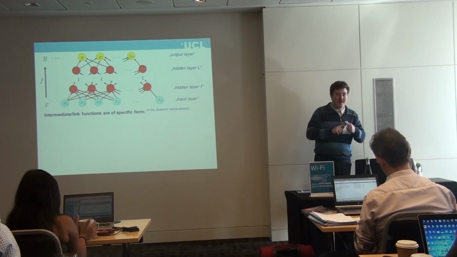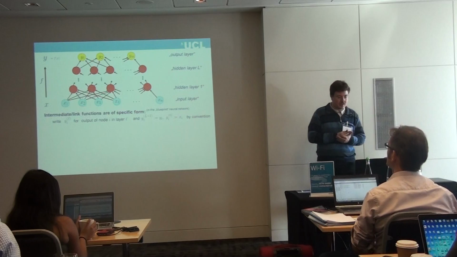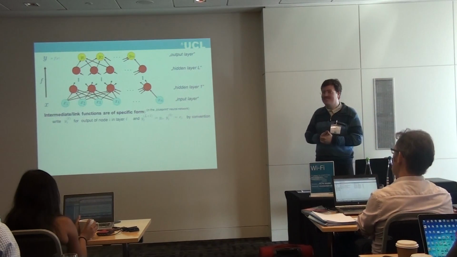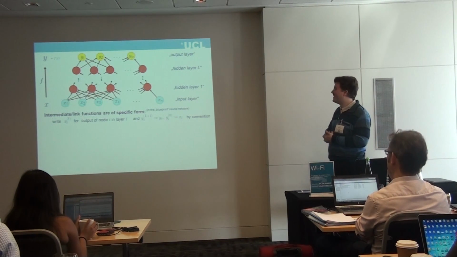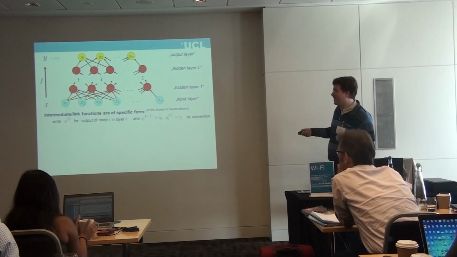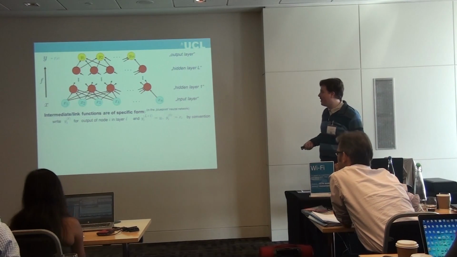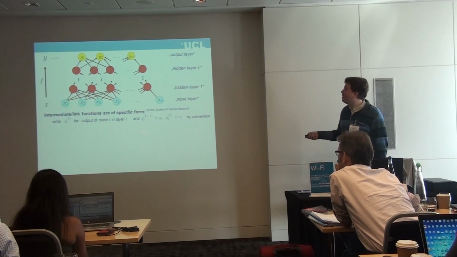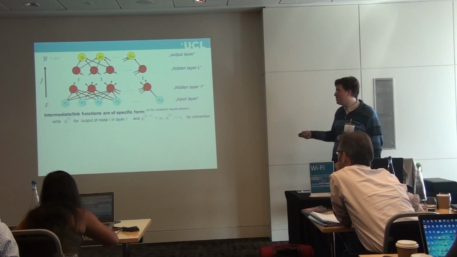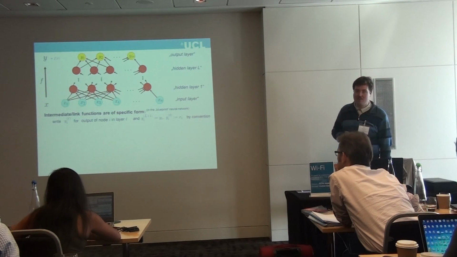Okay, so mathematically, since you're already asking, what is happening here? Let's write Y_i^L for the output of the ith node in the Lth layer. In the slides, my convention will be that the (L+1)th layer will be the output layer, and the 0th layer will be the input layer.